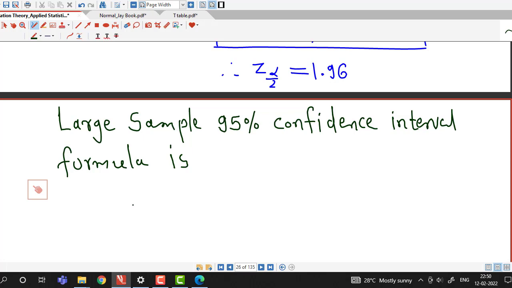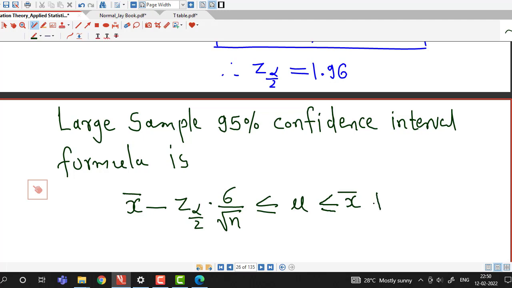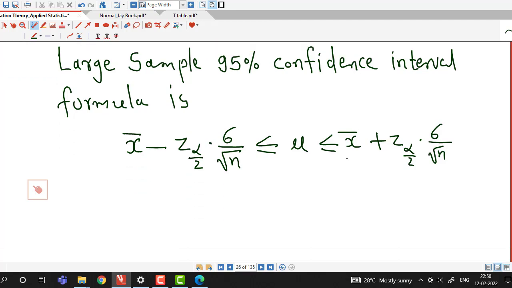We have written that x bar minus z alpha by 2 times sigma over square root of n is the lower limit for the confidence interval, and the upper limit is x bar plus z alpha by 2 times sigma over square root of n, and we have all these values.